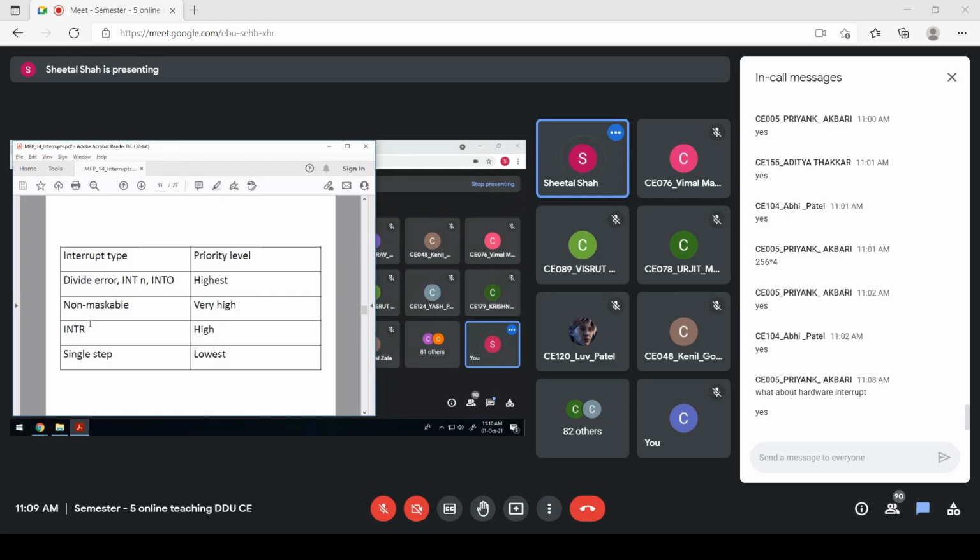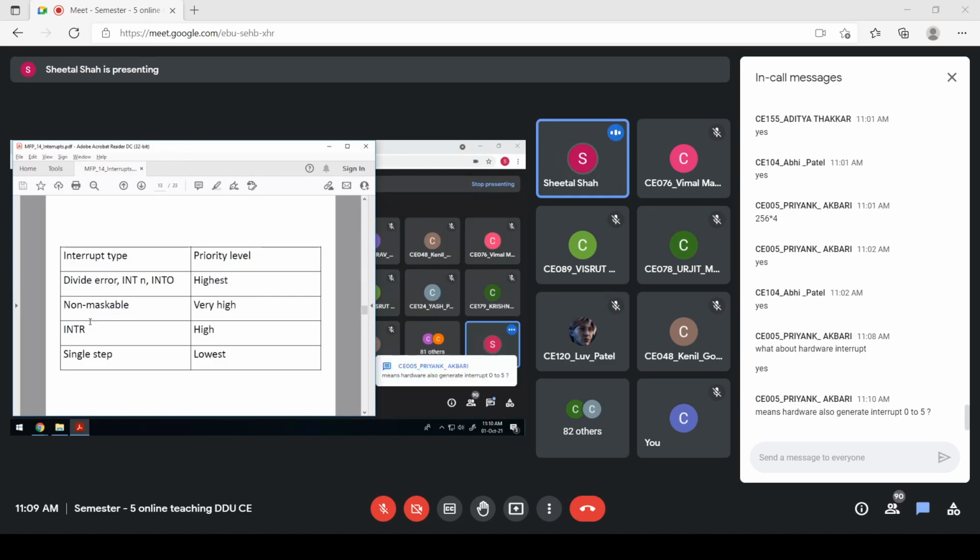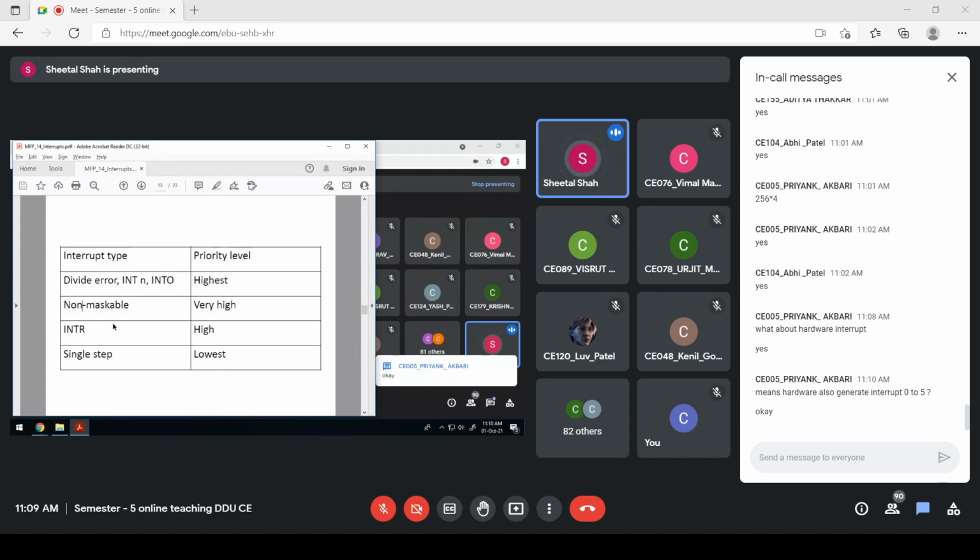Hardware also generates interrupts 0 to 5. Yes, for this non-maskable interrupt, type number 2 is provided. To process this hardware also, we have to execute the program for that. Is this thing clear?